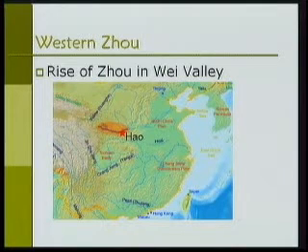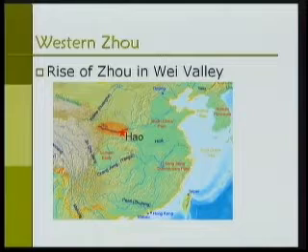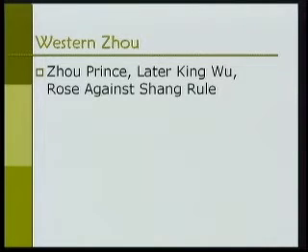All right, so it was during this period and this area that the Shang people had been ruling, and their rule was becoming very unpopular. The reason for that being that the last Shang king became a little bit brutal with their own people.